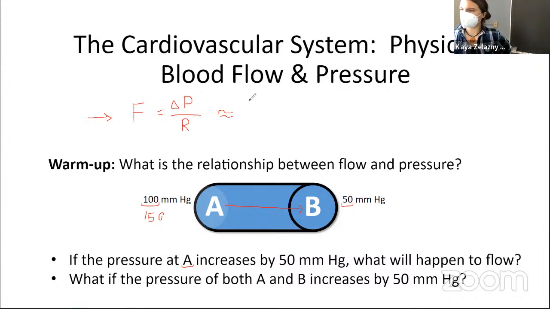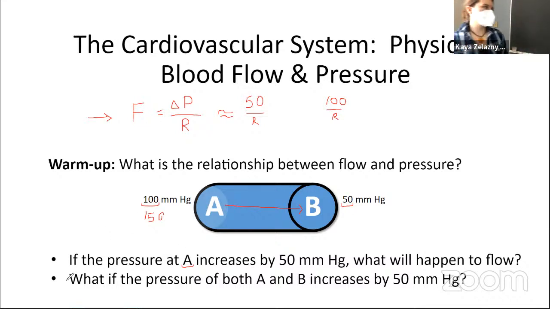So before we had our difference in pressure as 50 over whatever our resistance might be. And now we have our difference as 100, right? So if we did that calculation, if we didn't change the resistance, we'd get a greater flow.